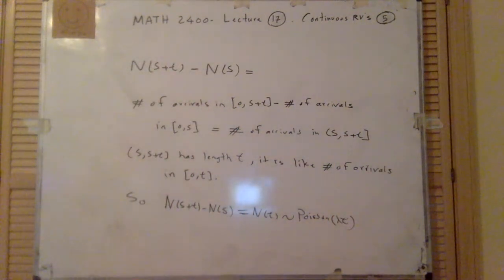That is, the difference between arrivals in 0 to s plus t and in 0 to s is like the number of arrivals in time interval 0 to t. This is something like memoryless, right? So it doesn't matter how many arrived in this time interval.